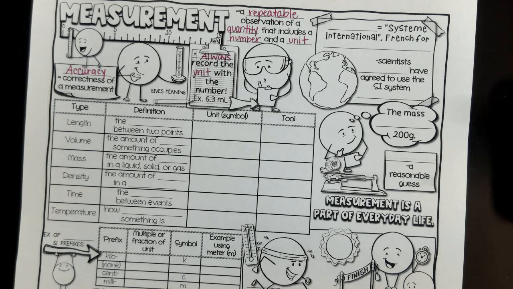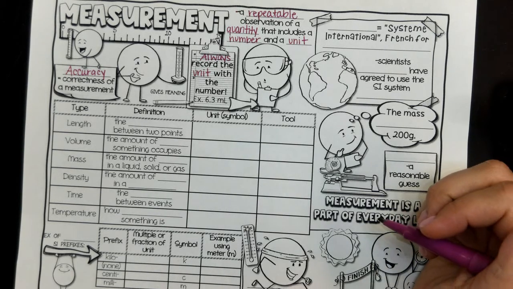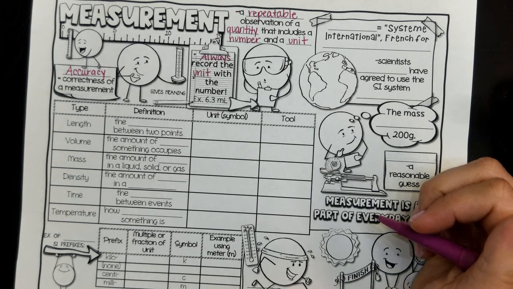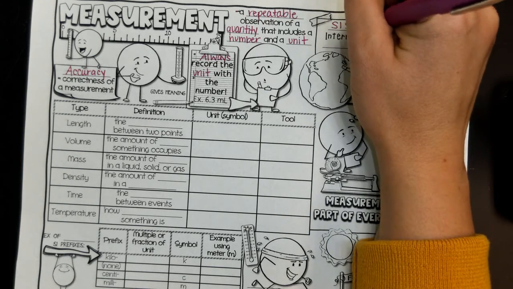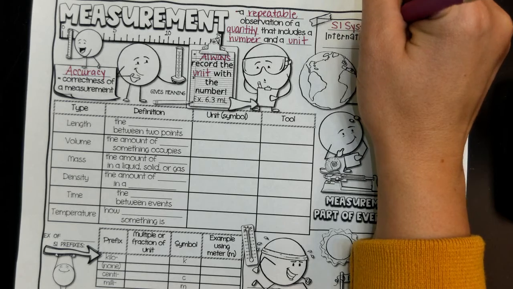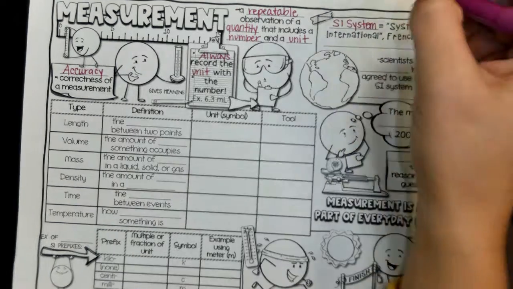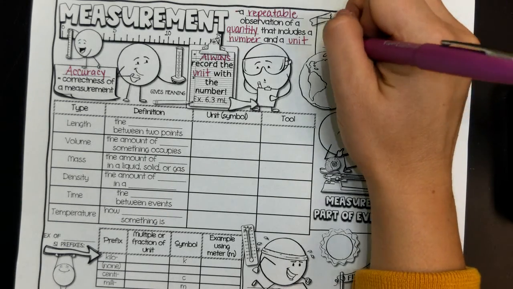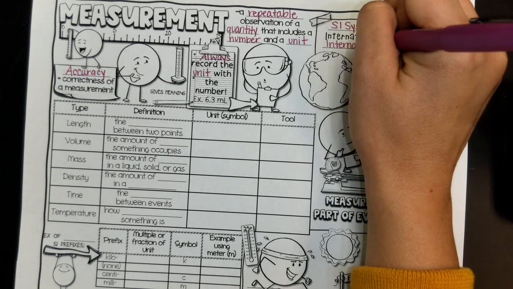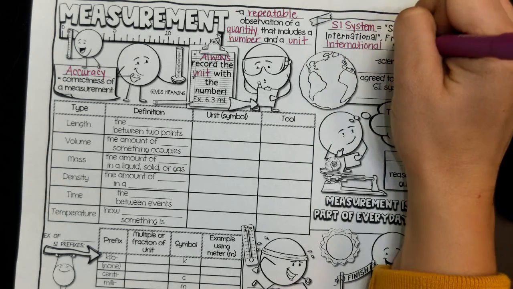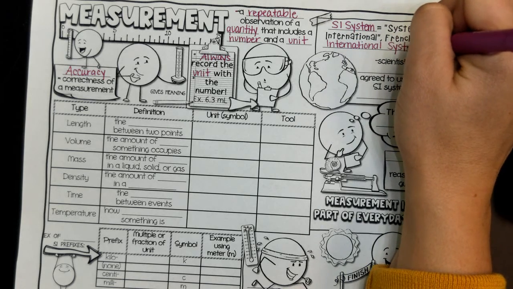Okay, in science, we mainly are going to use the metric system, which is also known as the SI system. It is French for the International System.